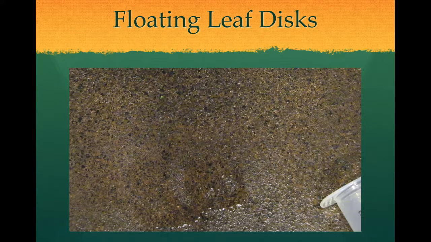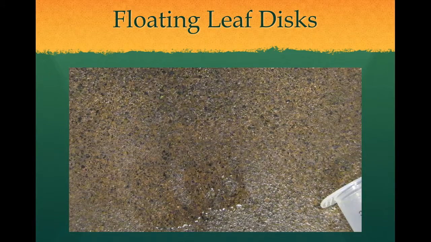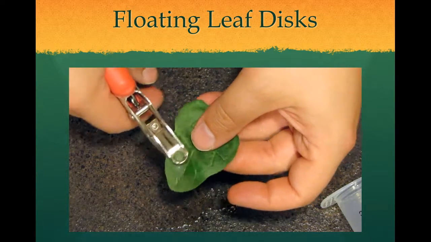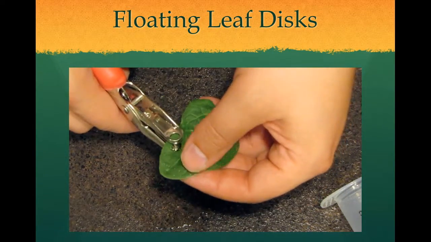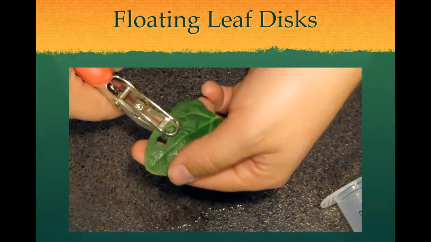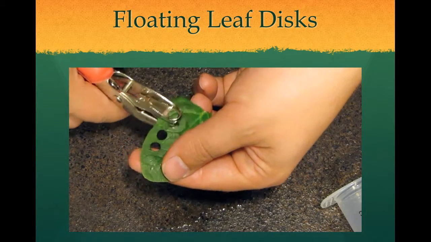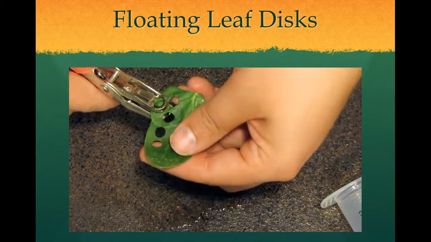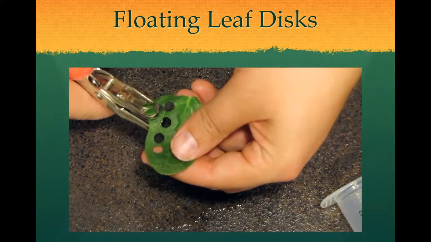We will determine photosynthetic rate using the floating leaf disc experiment. First, use a hole punch to punch out 10 discs from spinach leaves. You might have to use multiple leaves.